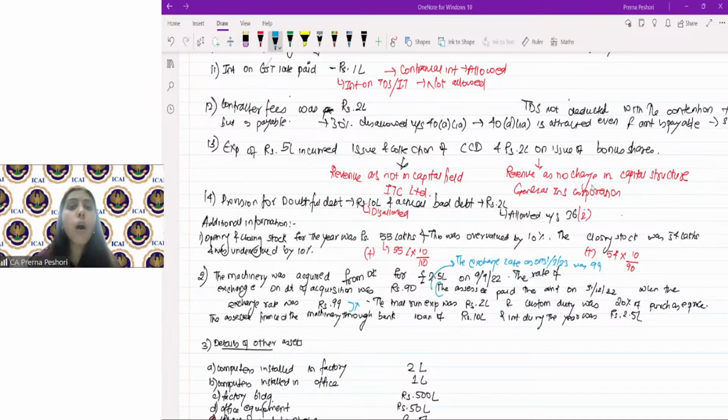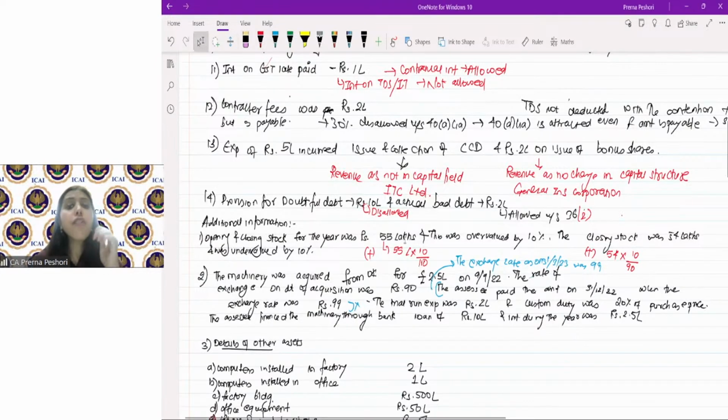So if the assessee has acquired any asset and in consequence of the change in the rate of exchange, there is increase or reduction in the liability, then at the time of making the payment, towards the cost of the asset, or even if, for example, the loan is borrowed for the purpose of acquiring this asset, if I would have not self-financed this asset, but I would have borrowed the loan from outside India, the loan should be borrowed from outside India in foreign currency, then any increase or decrease in the rate of exchange will be added or deducted from the cost of asset.